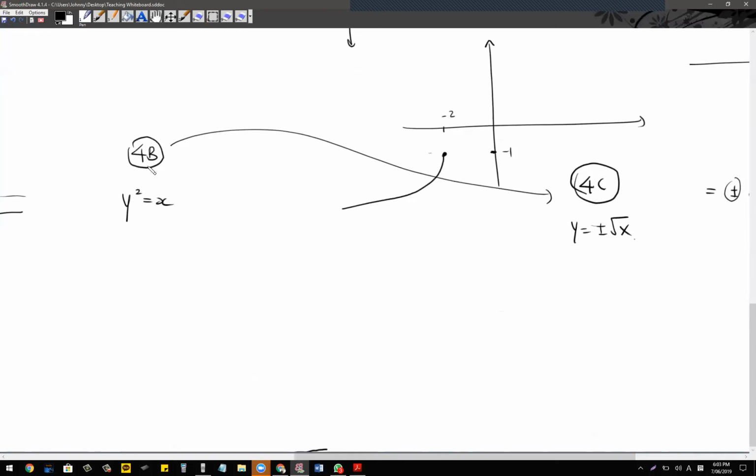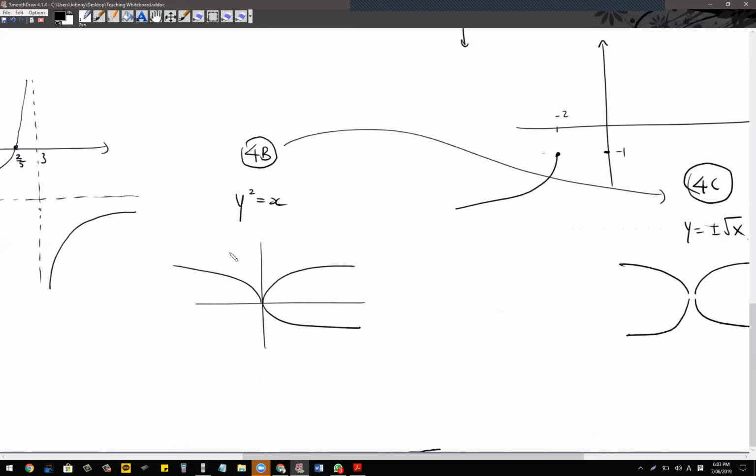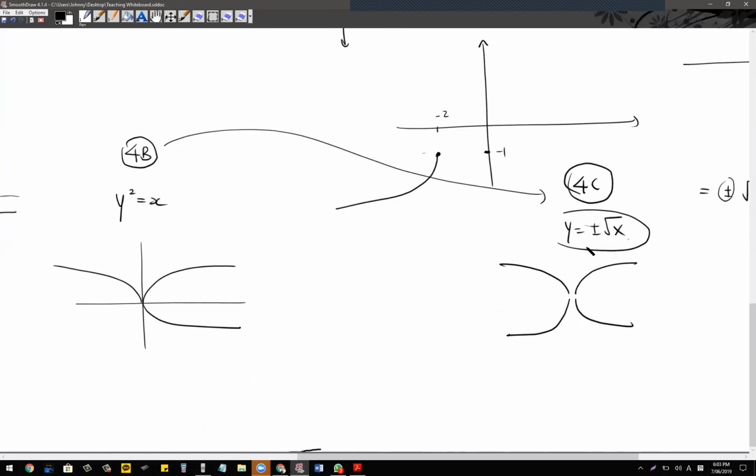So this one here is going to be either this one or this one, whereas this one is just one of these, because square root is half of a square. That's right. So 4C, when you have something like y equals a root of x minus h plus k in this form, it will be like that or like this or like this or like this, you know?